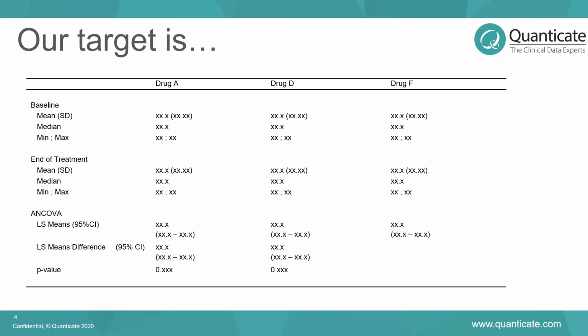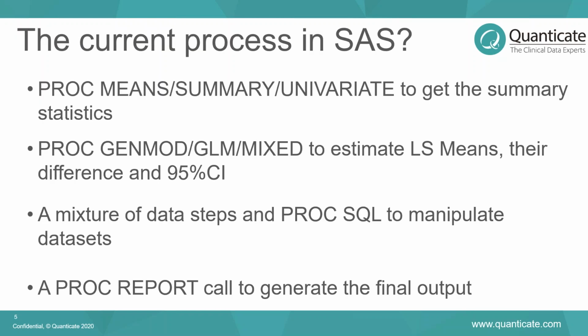Now, the way we would do it in SAS would be first to use proc means, proc summary, univariate, whatever is your favorite procedure to create the summary statistics for the baseline and end of treatment for the 3 drugs. And then one between GenMod, GLM, mixed, or anything to create the least square means estimates with their differences, confidence intervals, and everything else.